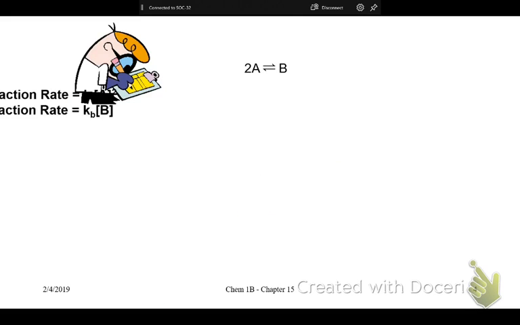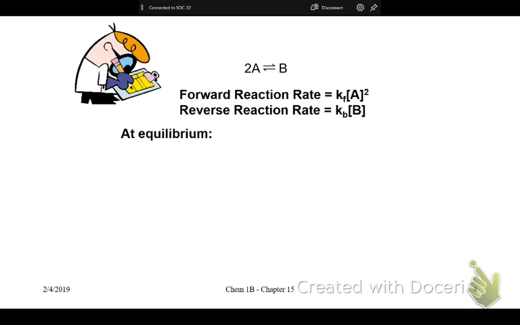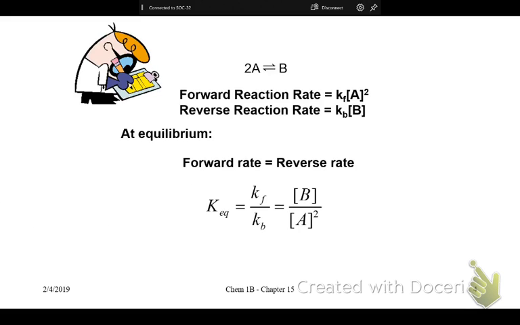Okay, and just to show you really quickly, if the reaction is 2A goes to B, what am I going to write? Well, K_F is equal to this. And then K_B will give me this. And let's say those are equal to each other, right?